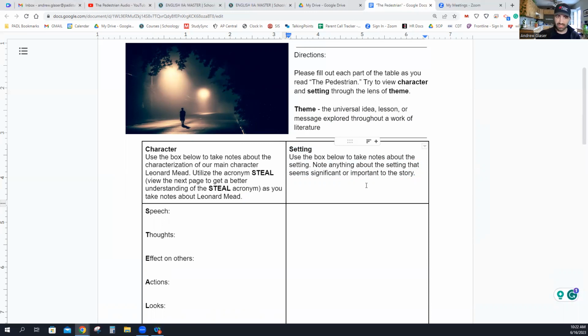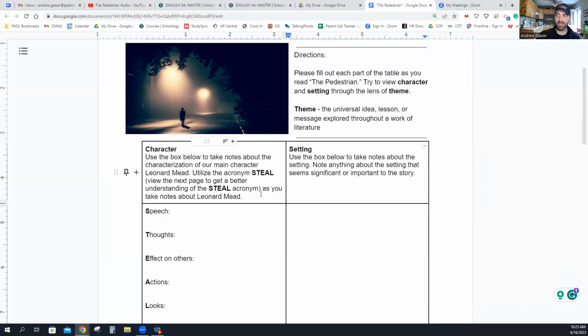So let's talk a little bit about character, right? The notes you take for character are a little more specific because I want you to think about characterization, right? And this is the ways in which the author gets you to know the character, okay? And they do it through quite a few different avenues. And we're going to use this STEAL acronym as you take notes.